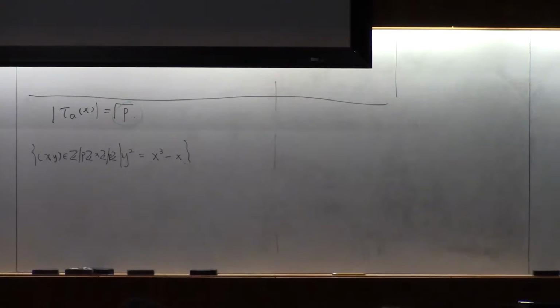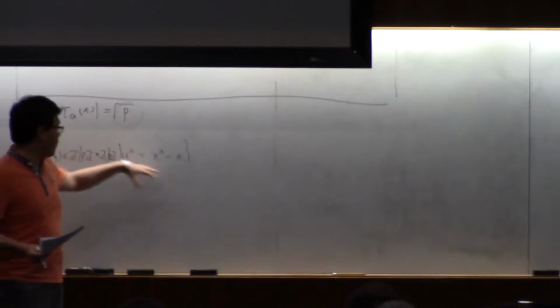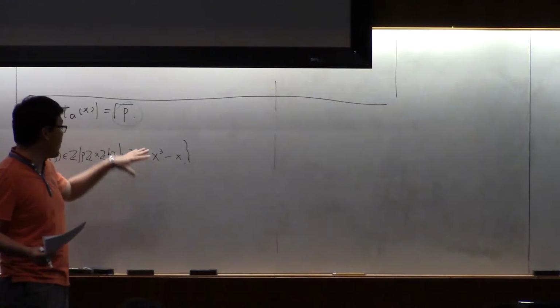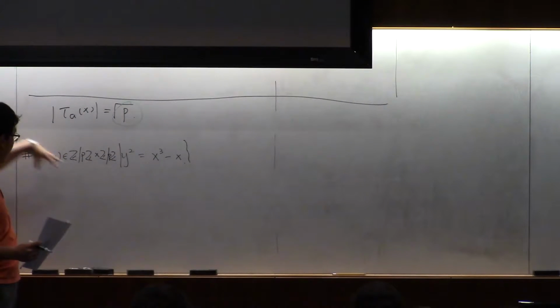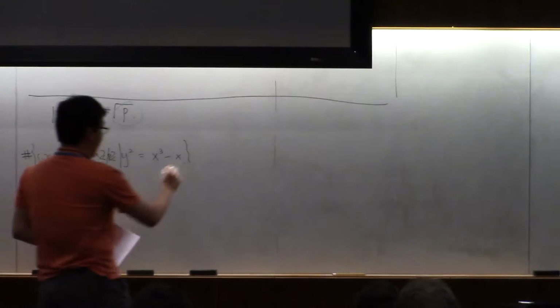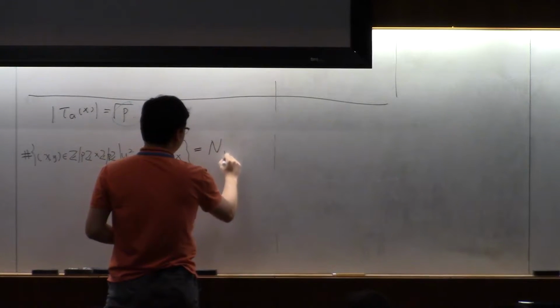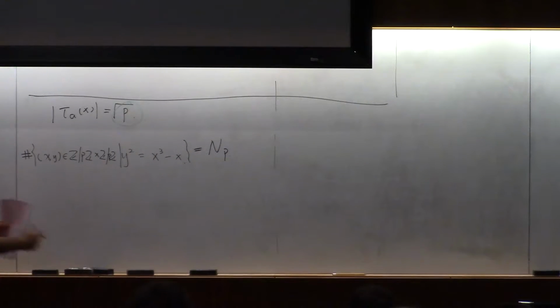Or in other words, I consider the solutions if I mod out this equation by the prime p. And this is a finite set. So I can talk about the cardinality of this set. I denote it by N_p. And Gauss computed this number.